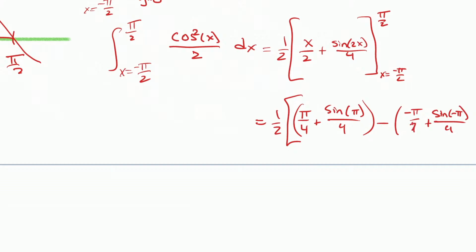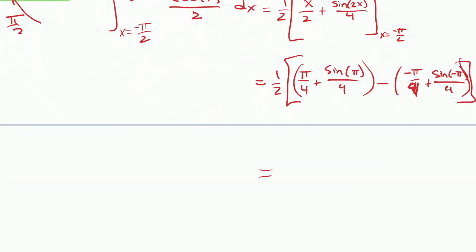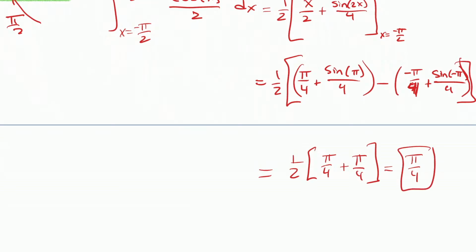There's lots of brackets and parentheses there, but the long and the short of it is that this is 1/2 times pi over 4 plus pi over 4, which is pi over 2. Yeah, because the sine of pi is 0, sine of negative pi is 0, so all that's left is the pi over 4s.